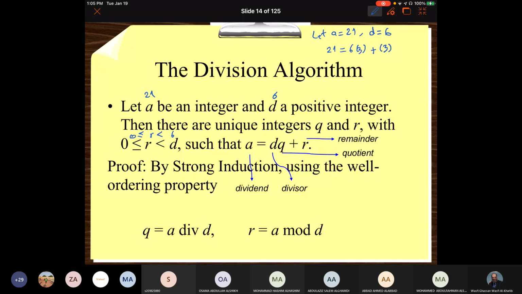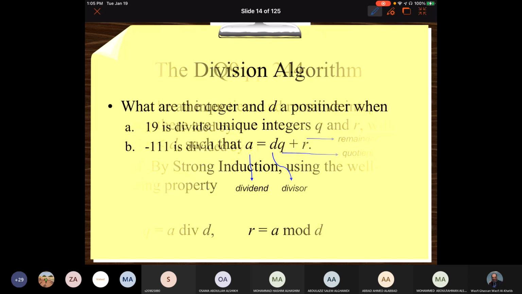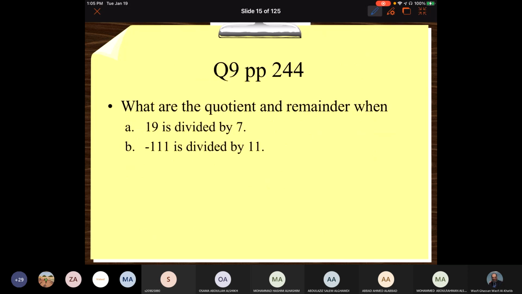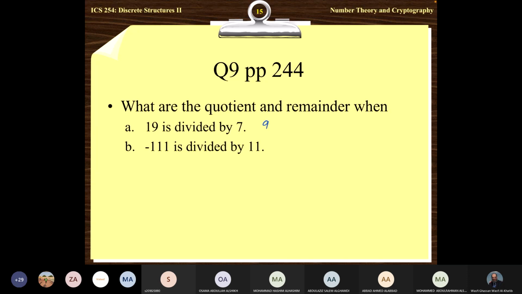Any question on the division algorithm? Right, let's take these two examples. Now, who can tell me what is the quotient and the remainder of 19 when divided by 7? So in this case, what is the value of Q? What is the value of R? On the chat, write Q equal, R equal. So 2 and 5.